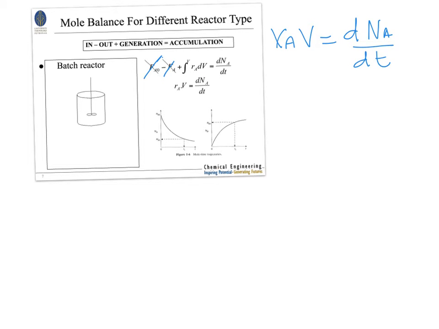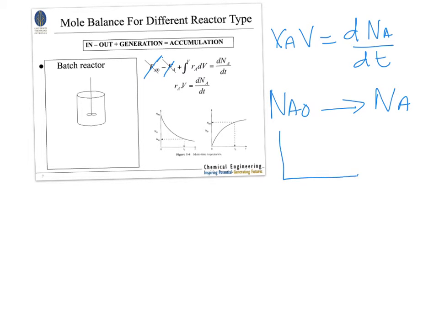For a batch system, usually we are looking for the time required to achieve a certain conversion, where the number of moles of A changes from the initial amount NA naught to NA.